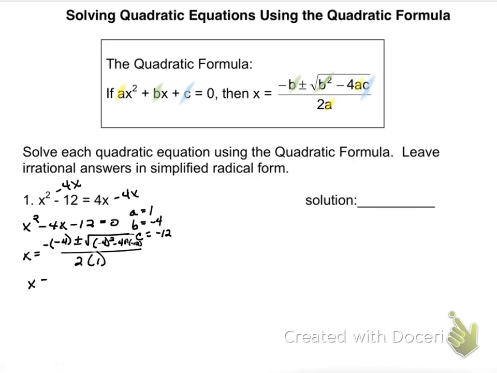So we have x equals positive 4 plus or minus the square root. Now remember, this first number is always going to be positive. So if you punch it in your calculator and you get a negative number, remember it's not negative. This is going to be 16. When you have that negative, if you punch it in like this in your calculator, it's going to tell you it's negative 16.